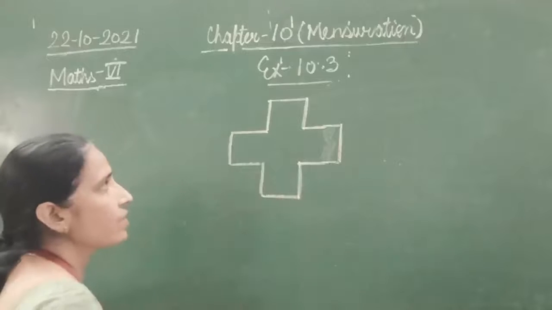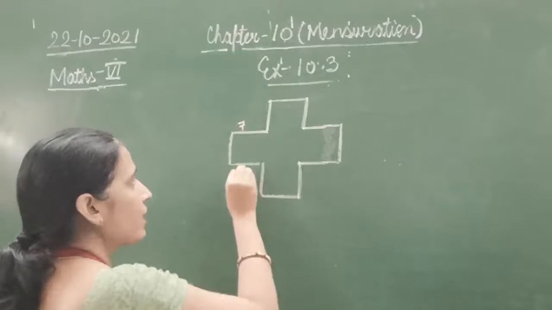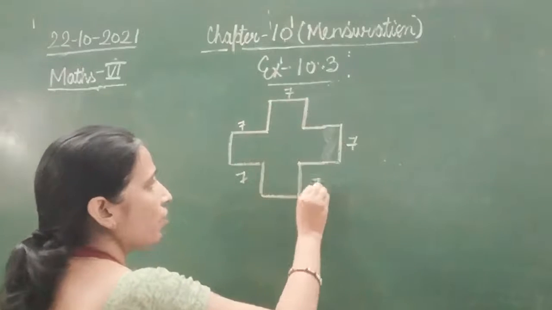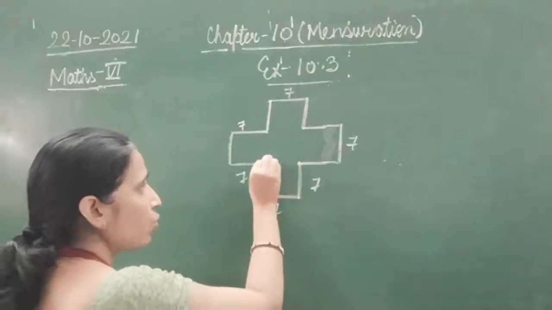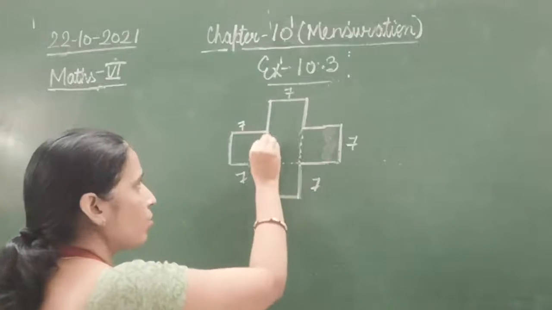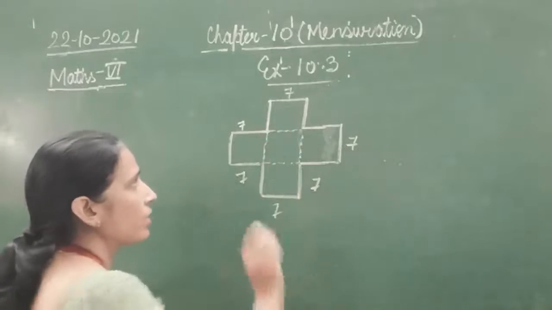This kind of a figure is given to you. Each side is 7. Now, how can you find the area? You can join this. Whatever you extend, you are going to join it. You can make it with a dotted line.